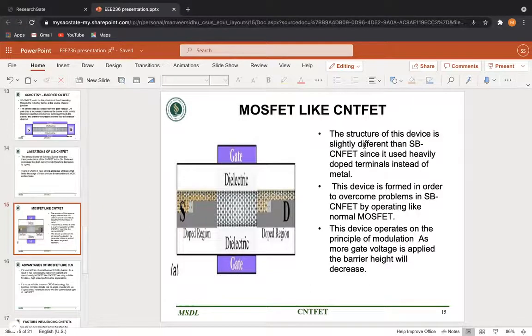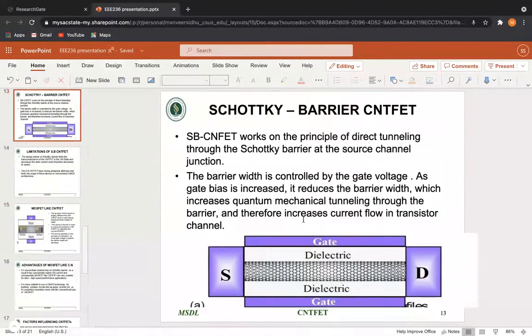The structure of this device is slightly different than the Schottky barrier CNTFET, since it uses heavily doped terminals instead of metals for source and drain. As you can see, the source and drain in this figure are made up of heavily doped regions, while in the Schottky barrier, the source and drain were made up of metals.